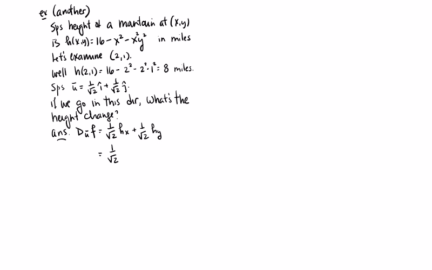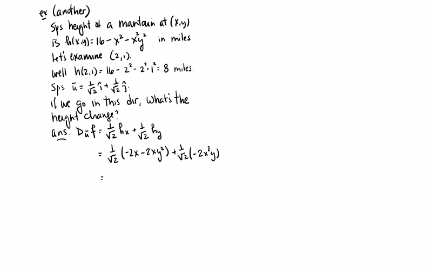So this is 1 over root 2 times h sub x, which is negative 2x minus 2xy squared, plus 1 over root 2 times the derivative with respect to y, which is negative 2x squared y.